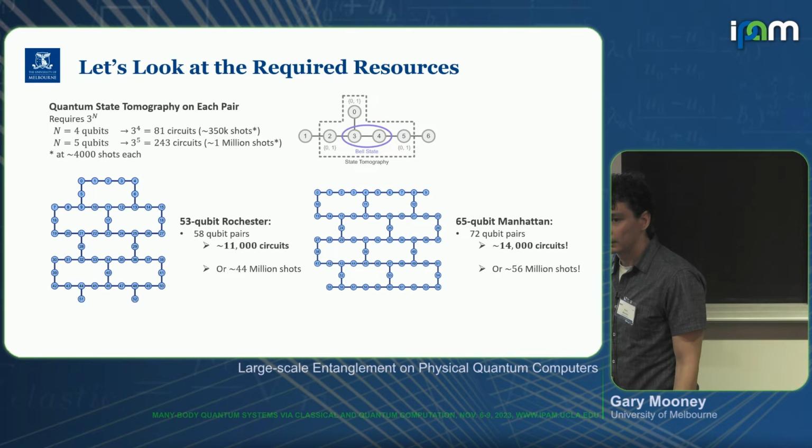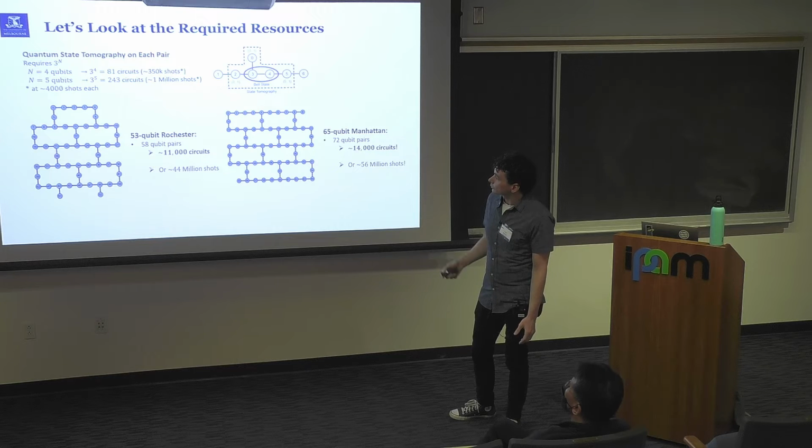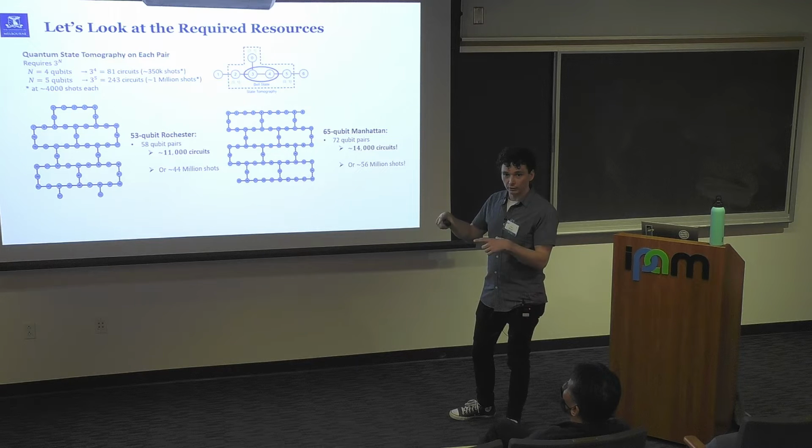I'm a bit confused. The circuits are 3 to the power of n, where n is the number of qubits. Yeah, that's for the state tomography, and because we're only doing it for each of the pairs plus their neighbors, we're only going up to 5 qubits. I see.